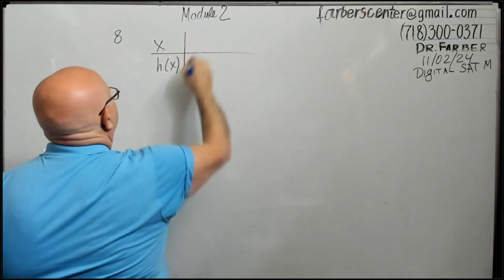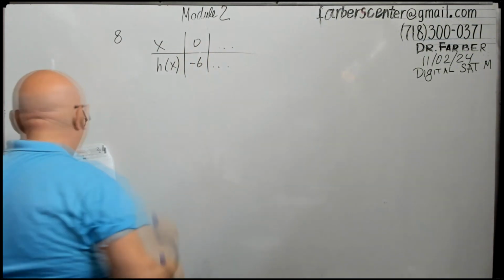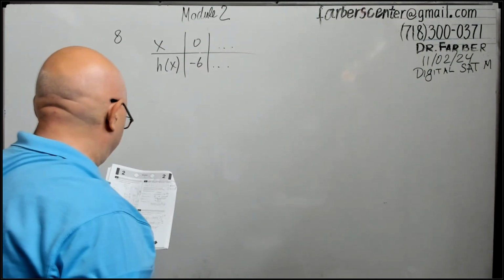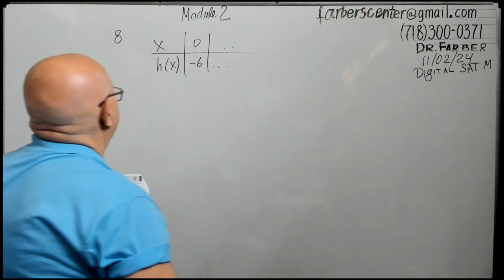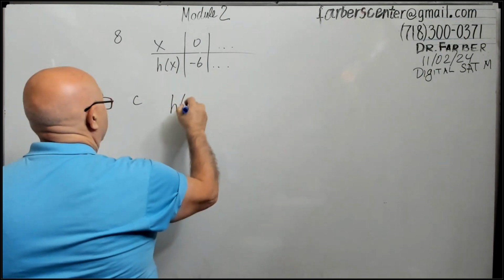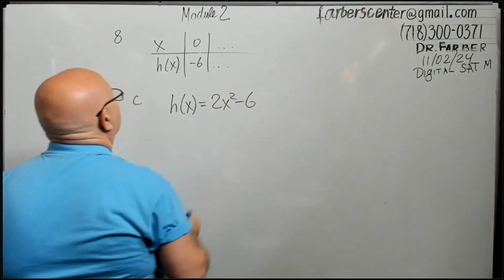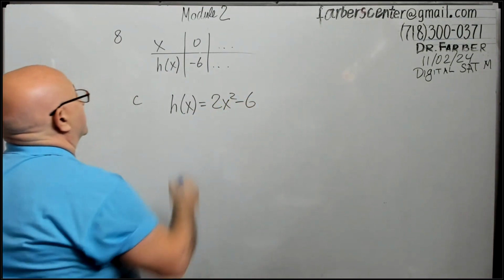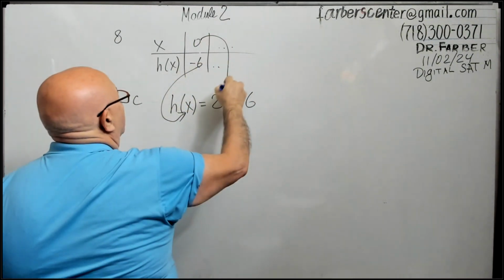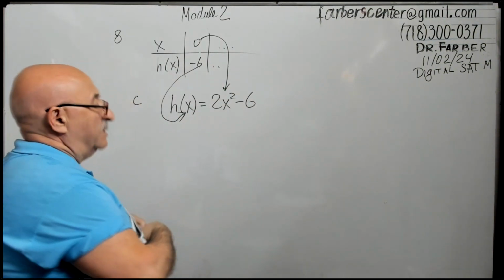For instance, 0, negative 6, etc. What following defines h of x? What you're supposed to do? Choose any function, for instance, c, which is the answer. H of x equals x squared minus 6. And plug into this, for instance, negative 6, and instead of x, 0. And see if the left part equals the right part for all these values from this table.